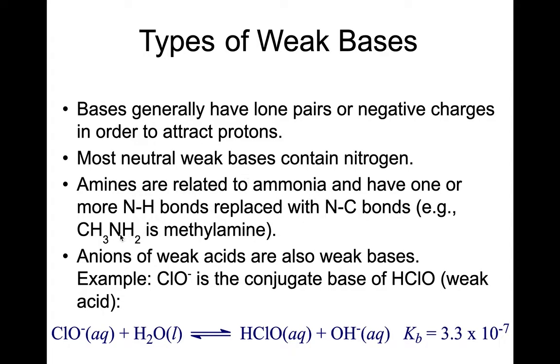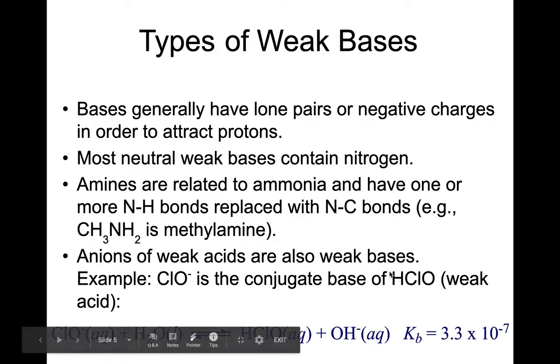One other trend: the anion of a weak acid is also a weak base. So whatever is left over when a weak acid donates its proton is a conjugate base, and it is also a weak base. Weak acids tend to have weak conjugate bases, and we'll see why that trend exists in a second. So for example, we've got HClO here.